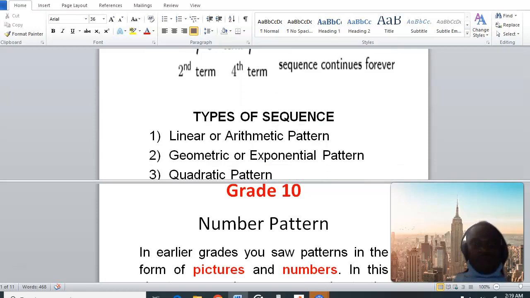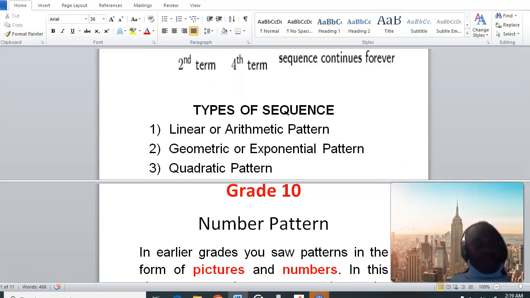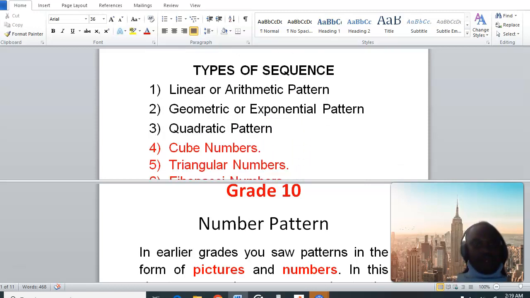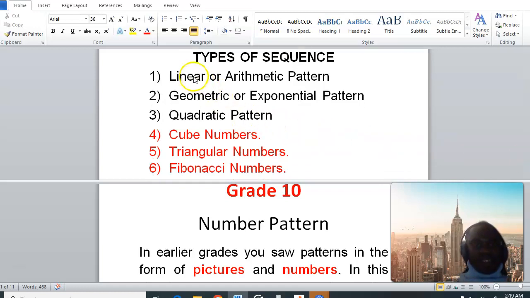We have different types of sequence, but we will only consider the first 3. We have linear. Another name for linear is arithmetic. We use this term mainly in grade 11 and 12. So linear pattern is the same as arithmetic pattern. Then geometric or exponential pattern is also the same.